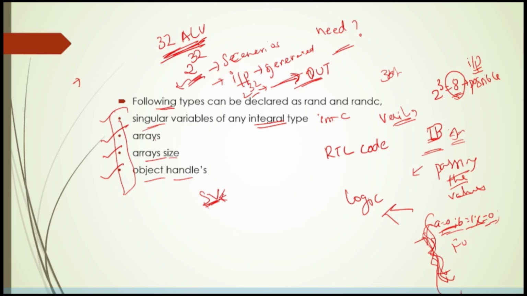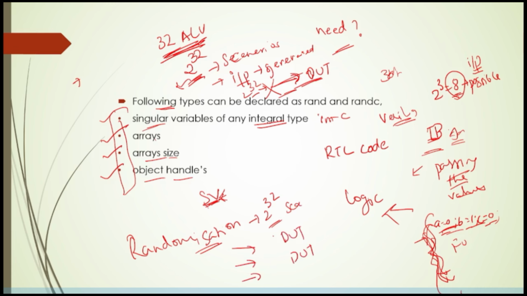So in order to avoid all this trouble for the verification engineer, we have introduced this randomization concept. In randomization, it takes these 2 power 32 scenarios and randomly provides inputs to the DUT, covering all the 2 power 32 scenarios.